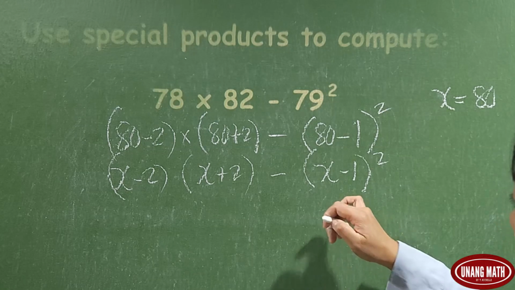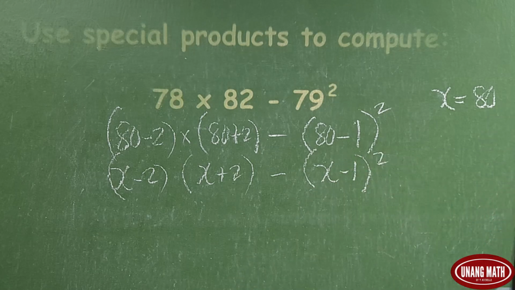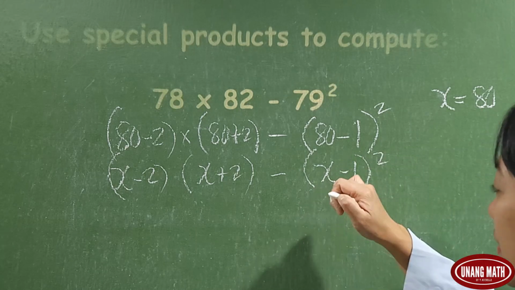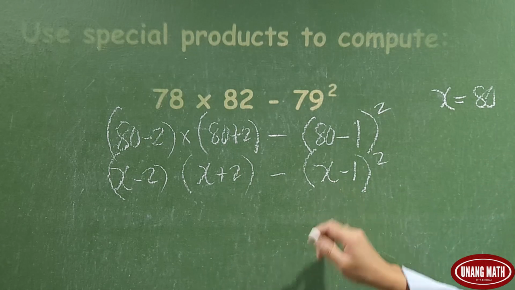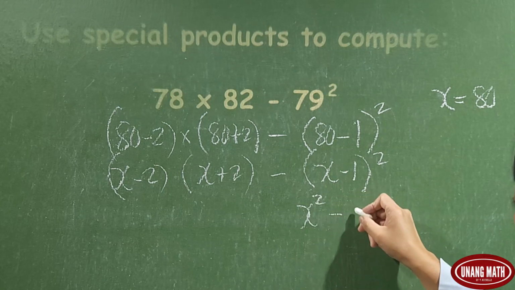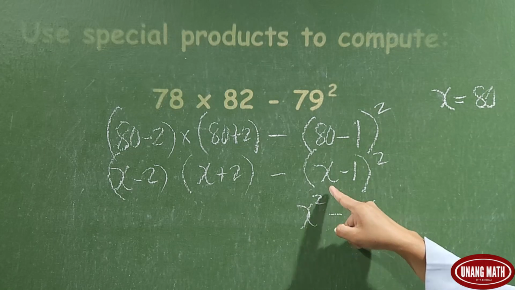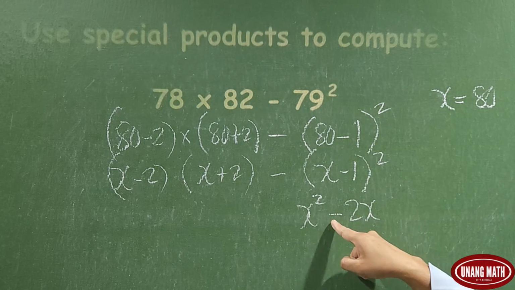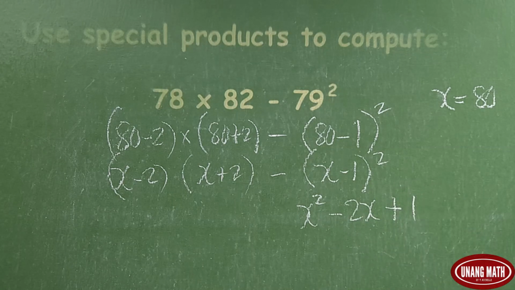Okay, let's compute for (x - 1) squared first. This is square of binomials. So this is then equal to x squared minus 2x, so 2 times x times 1, and this is plus 1.